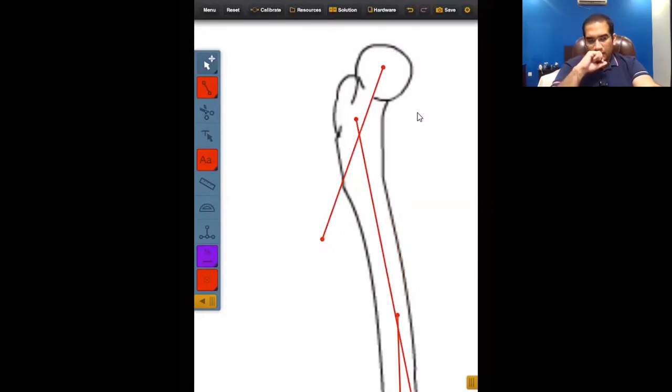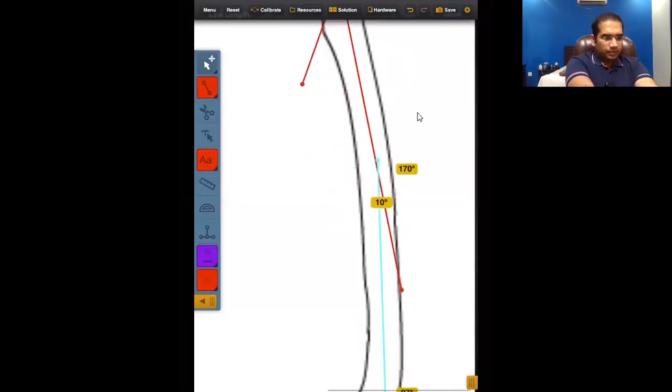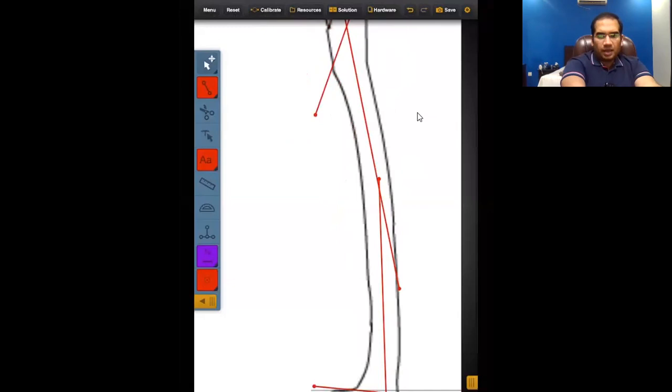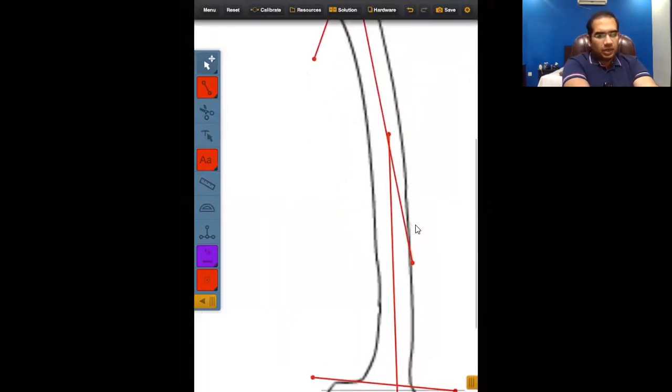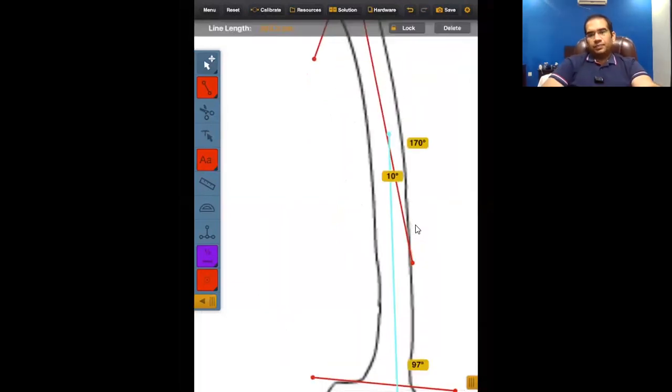And as you can see, both these lines, the upper line and the lower line, cross each other at a particular angle. This angle is usually from 5 degrees to 10 degrees.